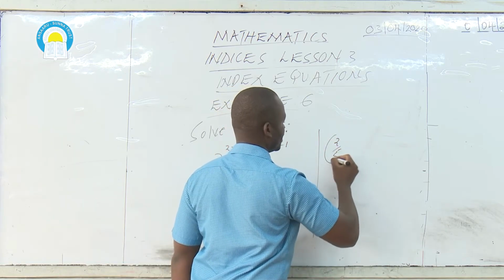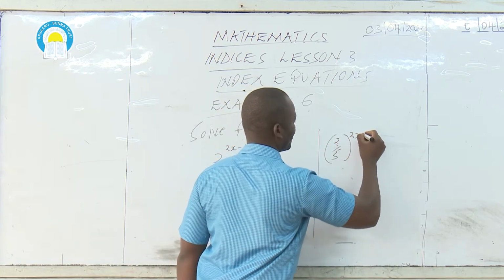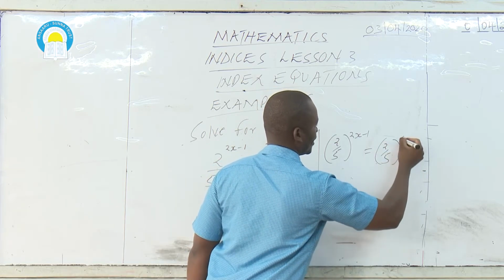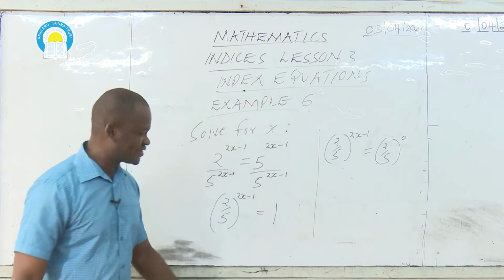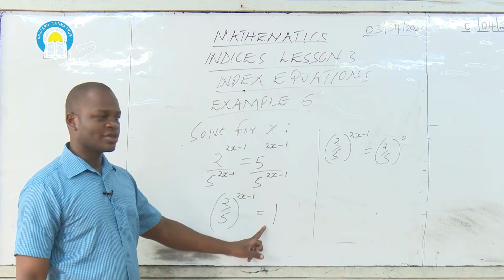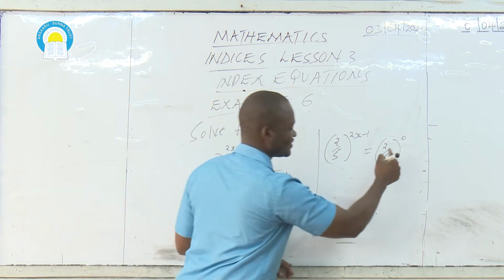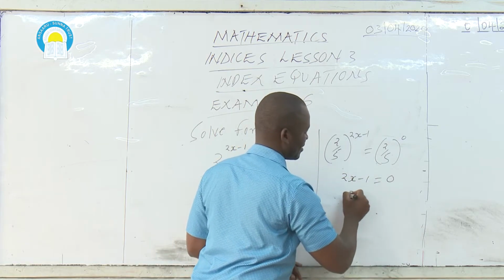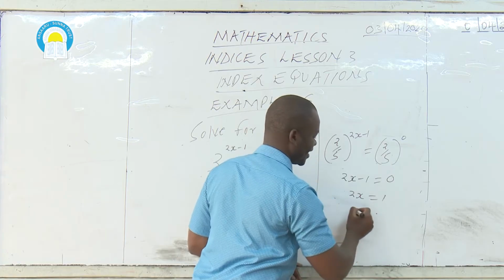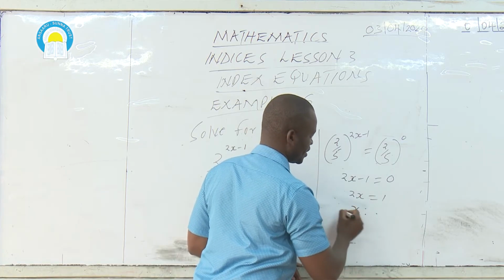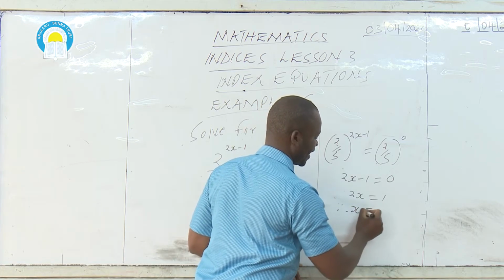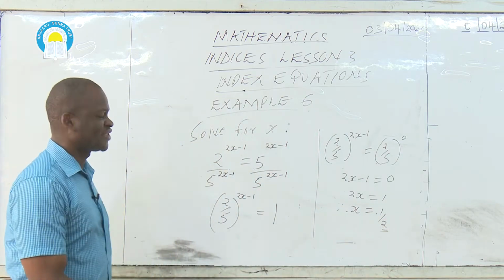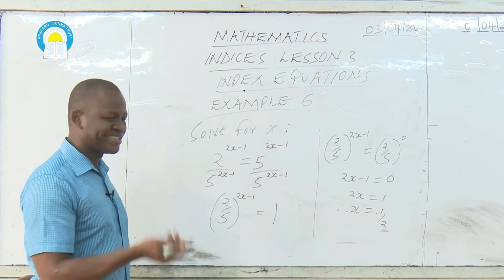I have 2 over 5 power that being equal to 2 over 5 power 0, which has the same numerical value as 1. Having the same bases, what do we do? Equate the powers. Therefore, 2x is equal to 1, and eventually, x is equal to what? A half.